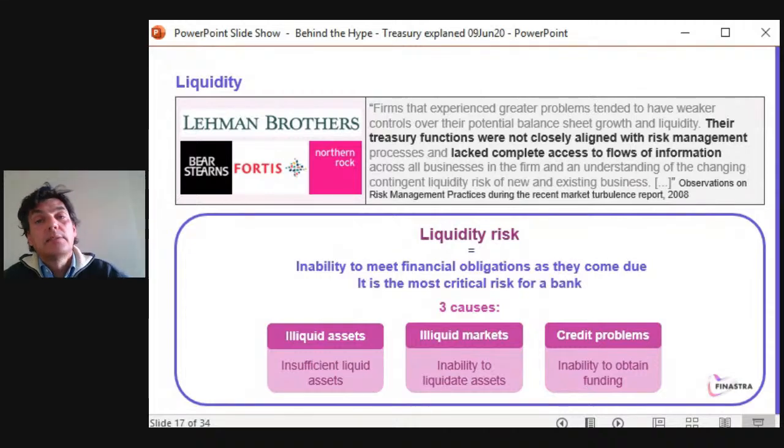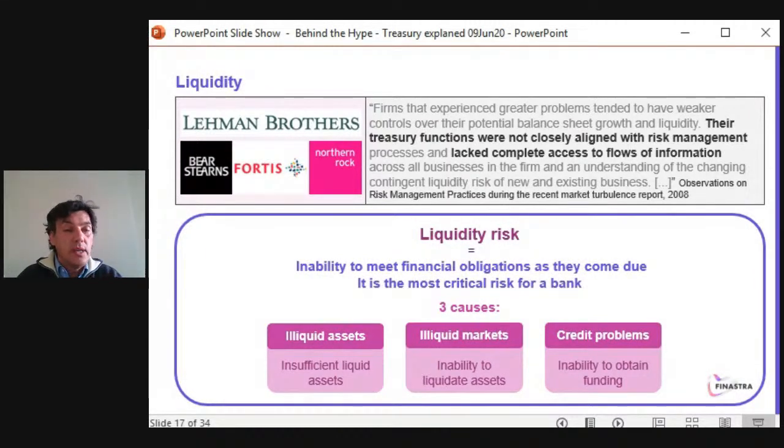Actually, they lent a lot of money for long maturities, and they were purely relying on borrowing money from one day to the next. And at one point, this model didn't work because they were not trustable anymore. So liquidity risk, per se, is the inability to meet your obligations as they come due.